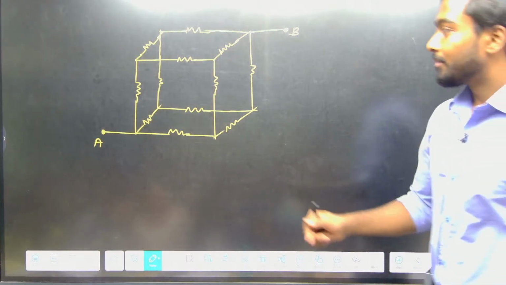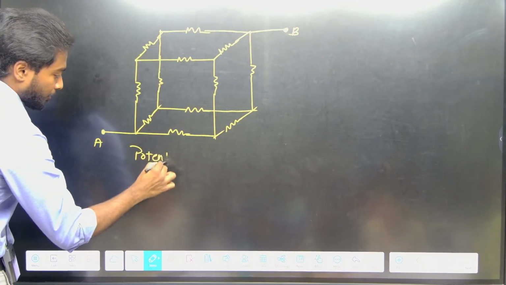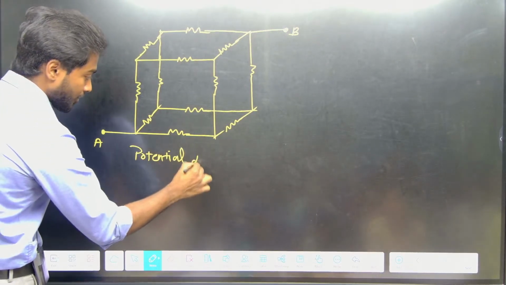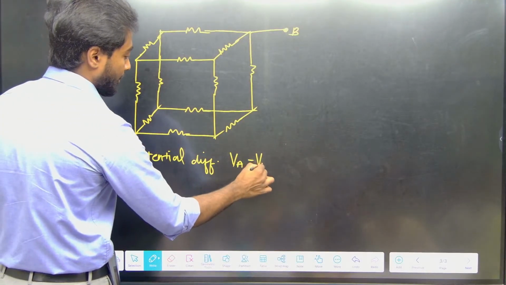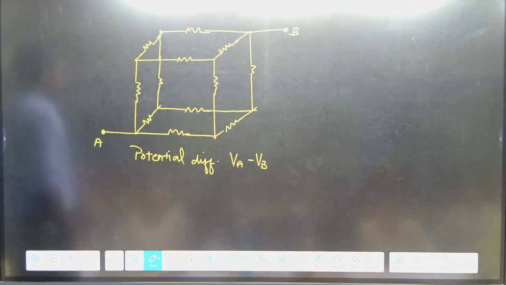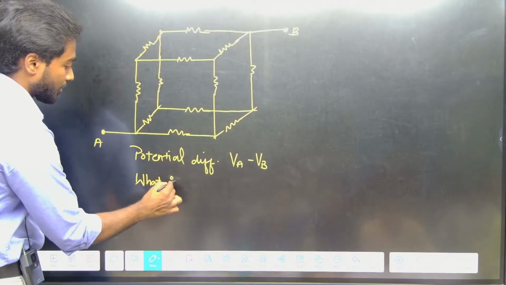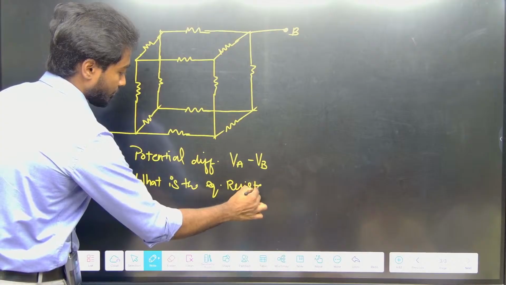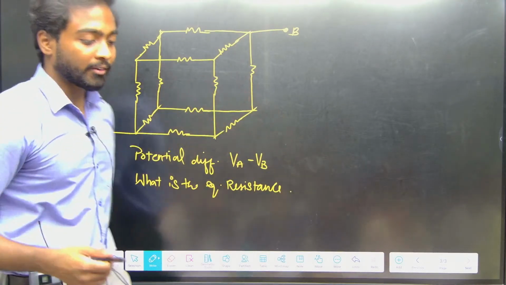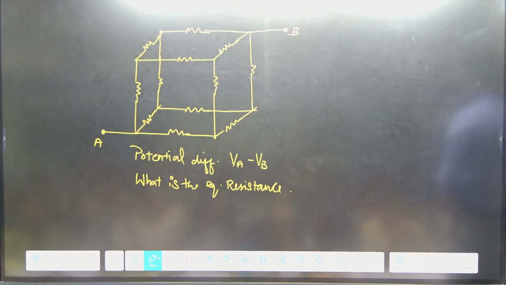I need to find potential difference, that is VA minus VB I need to get, and then what is the equivalent resistance. So equivalent resistance means nothing but I need to resolve it, either it is a series or parallel. I need to see and I need to resolve this question.